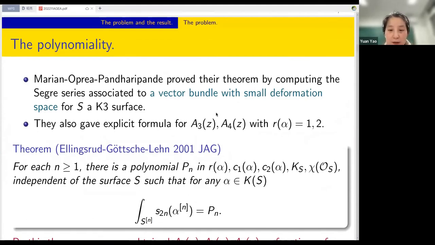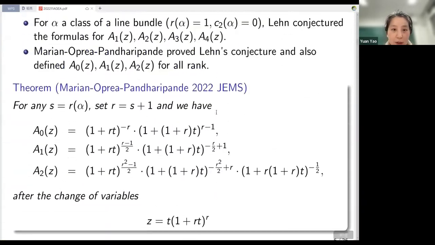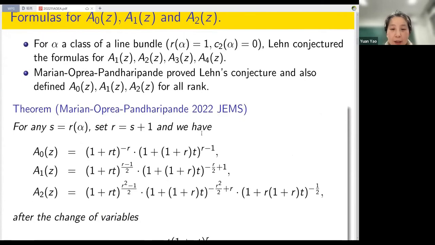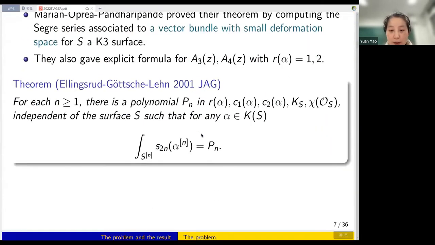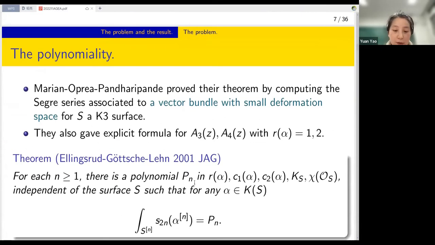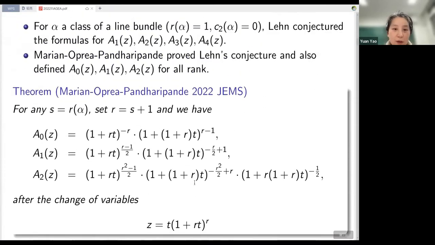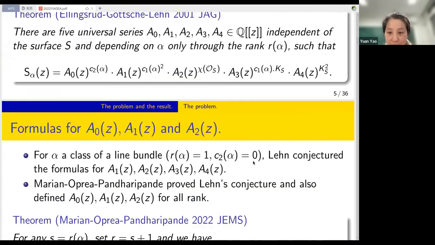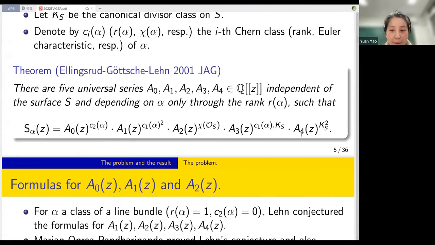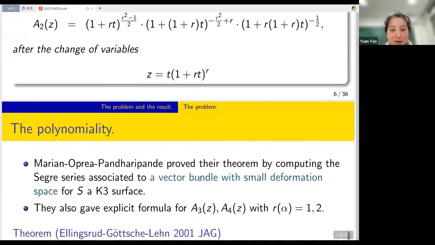So rank one was conjectured by Lane, and they proved it first, and then also computed A3, A4 for rank two. So now the whole series is determined for rank two. But for rank two, the results seem very complicated.